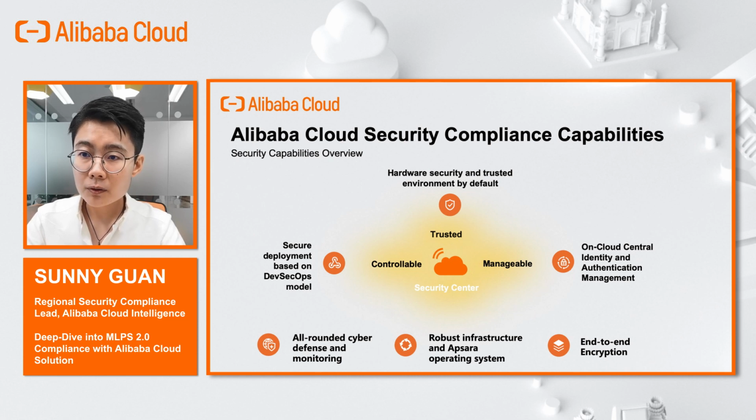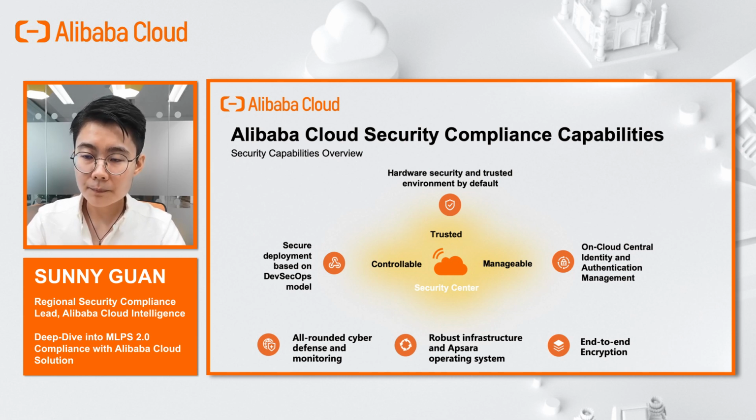From this overview, we can see the security architecture offered by Alibaba Cloud follows a one center with multiple layers of defense mechanisms required under MLPS. The security center can be used to centrally control and monitor the on-cloud resources to timely detect and respond to the threats and attacks.